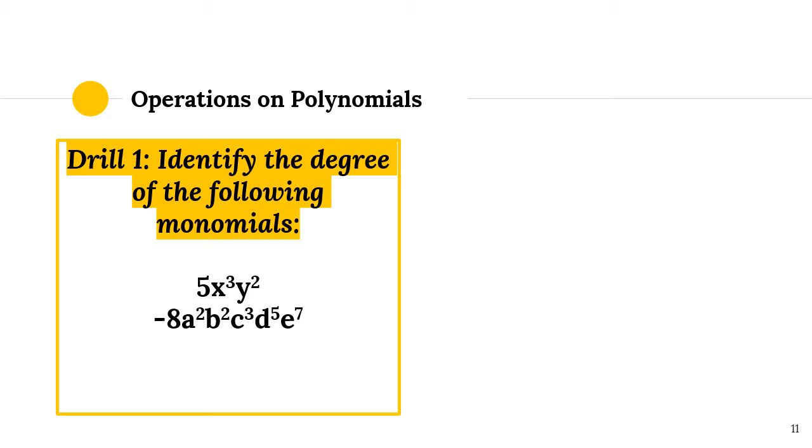You have 5 variables in here. So what's the degree? Simply add the exponents of the variables. From left to right, we have 2 plus 2, 4, plus 3, 7, plus 5, 12, plus 7, 19. So the degree of this monomial is 19.